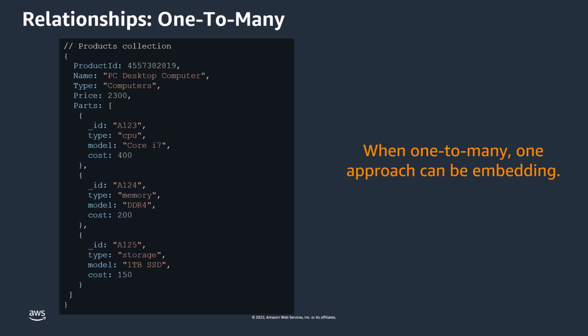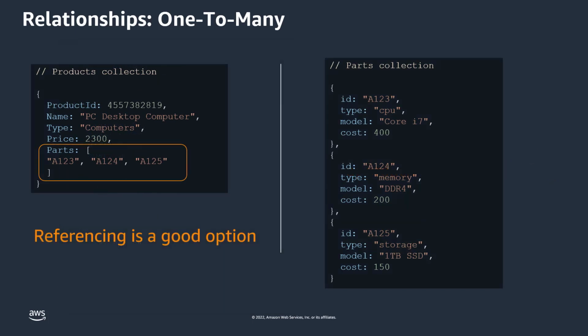However, imagine if our product is maybe an airplane with potentially tens of thousands of parts, embedding is not going to work very well. So the other option we have for one-to-many is to reference.